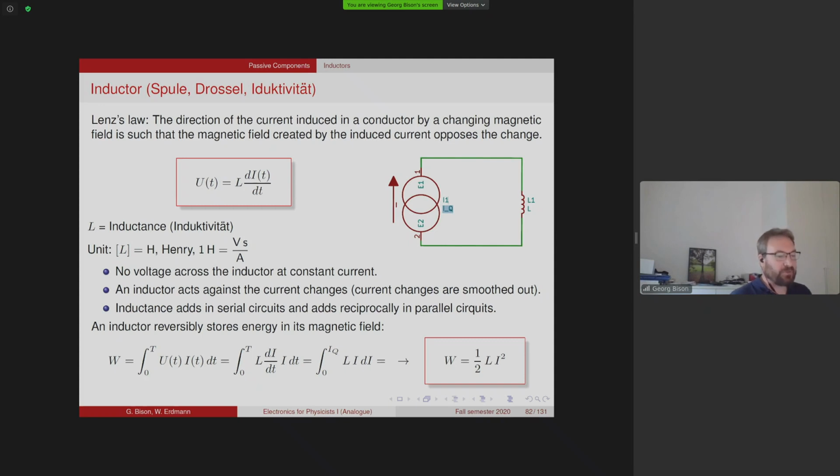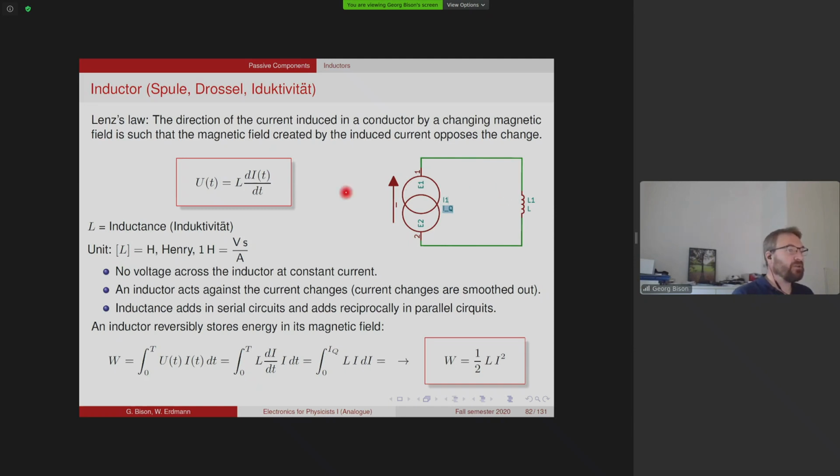The fundamental reason for that is that if a steady current is going through the inductor, there is a magnetic field inside. And if you want to change this magnetic field, then a current is induced that opposes the change. And so there's a voltage difference building up over the inductor that opposes the change of the current.